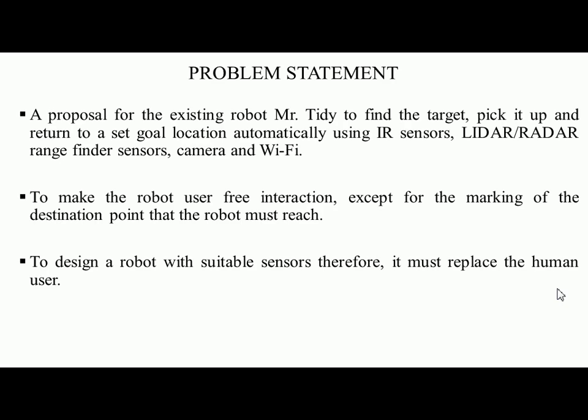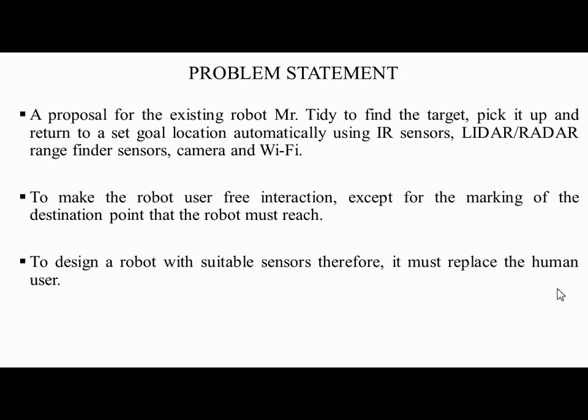My problem statement is that I want to implement this robot to automatically sense the objects using the IR sensors and later rangefinder sensors, camera, and Wi-Fi, to make the robot user-free in interaction.